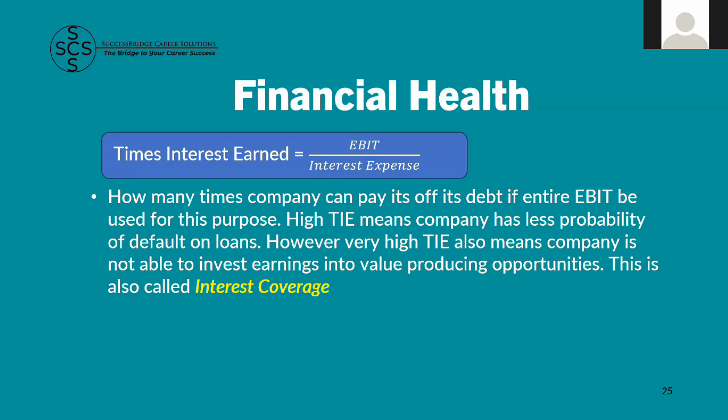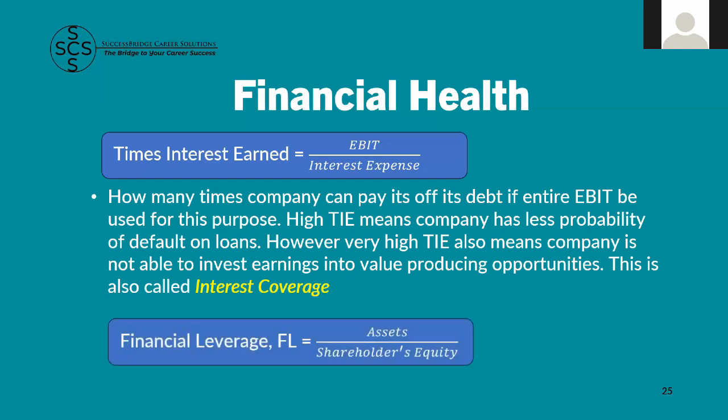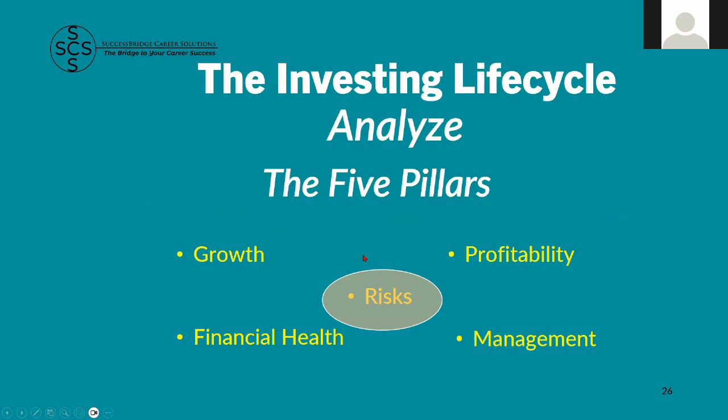So this is also a sort of downside to having high interest coverage. And then we know financial leverage, which is assets divided by shareholders' equity, and a low financial leverage is preferable. So that's about financial health.